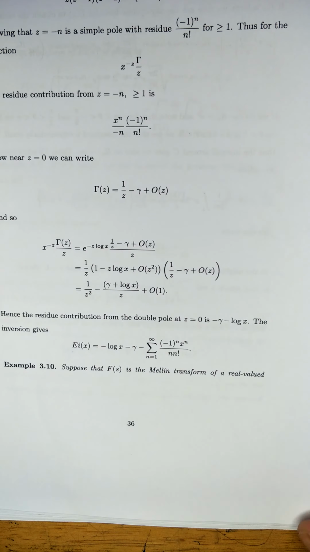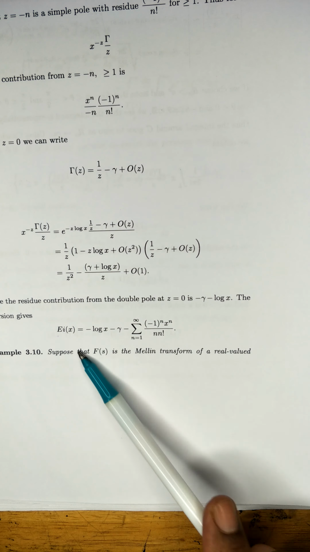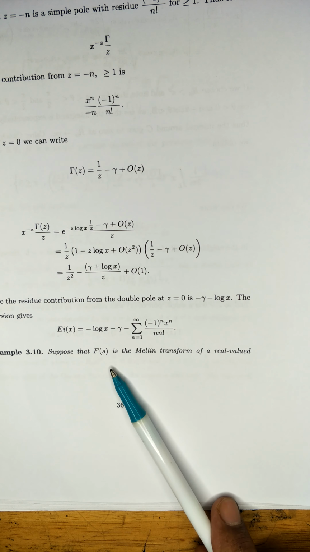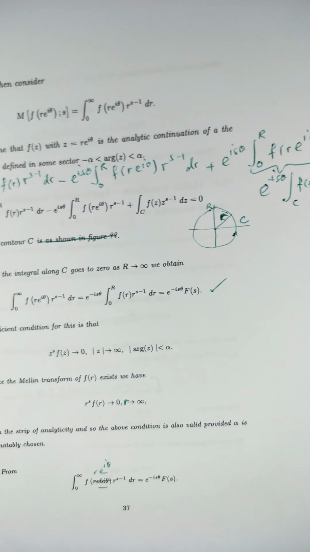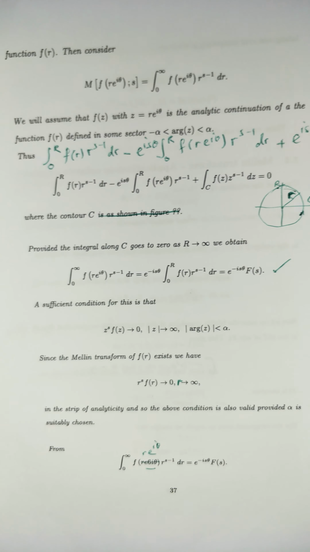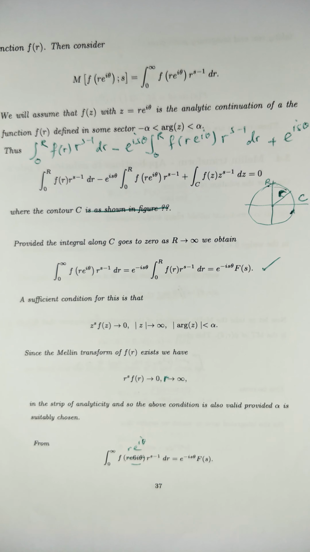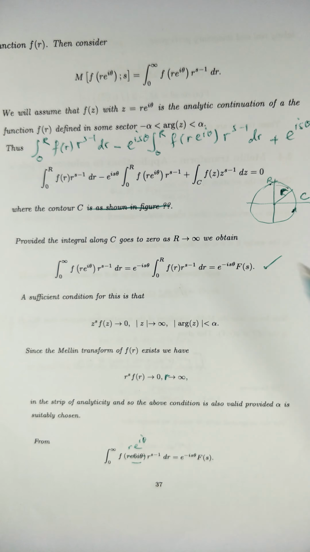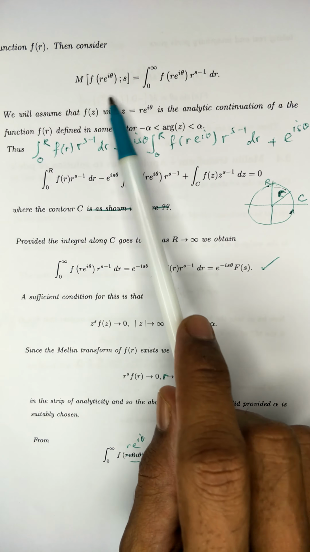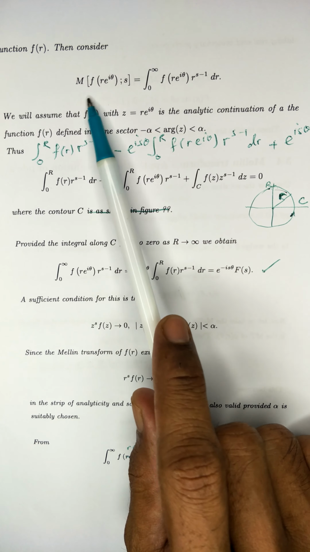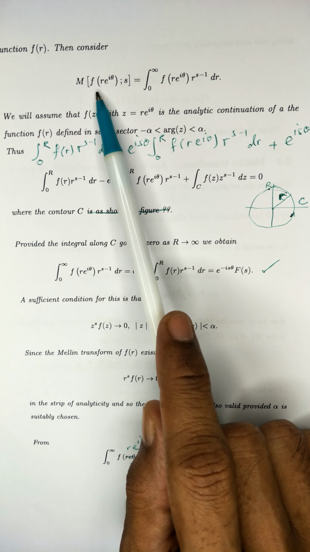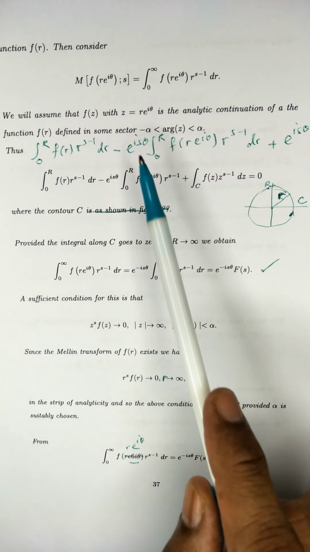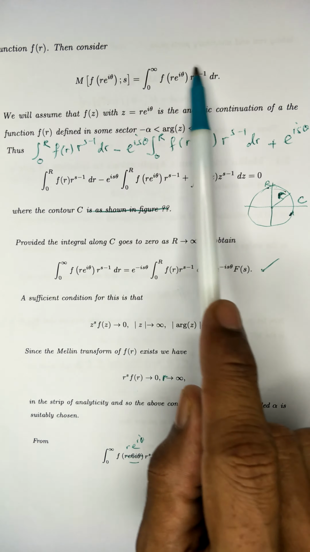Next example: we consider the Mellin transform of the real-valued function f(r). We consider the Mellin transform of the function f(re^(iθ)). By the definition of the Mellin transform, we have those things.